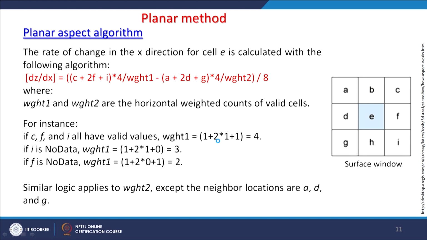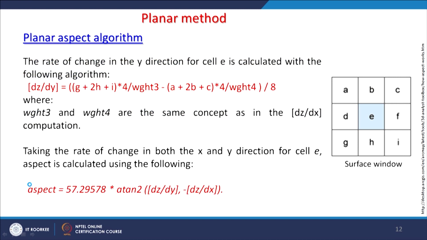Now, further, this is how the rate of change in the x direction of a cell E is calculated with the following algorithm, where weight 1 and weight 2 are the horizontal weighted counts for valid cells. For instance, you can have different things like this, but this is not really implemented in that sense, where for each direction you have to do the calculations.